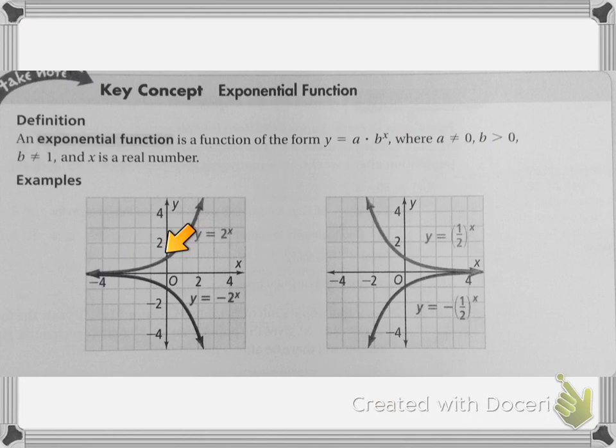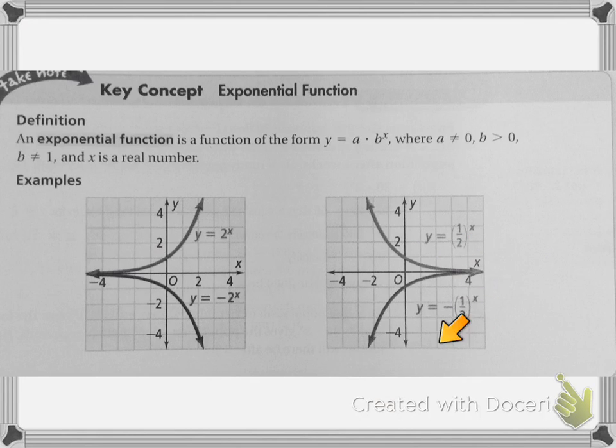They're kind of like a curve. And if the base number is positive, it curves up. If the base number is negative, it curves down. If the base number is a fraction, it gets smaller.